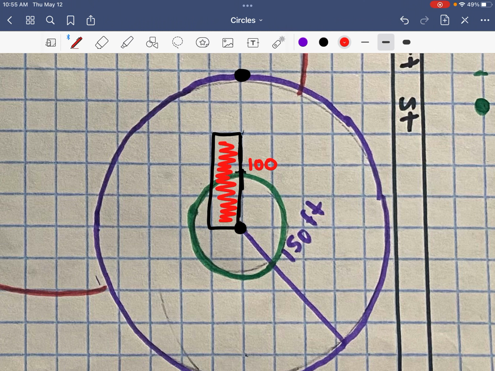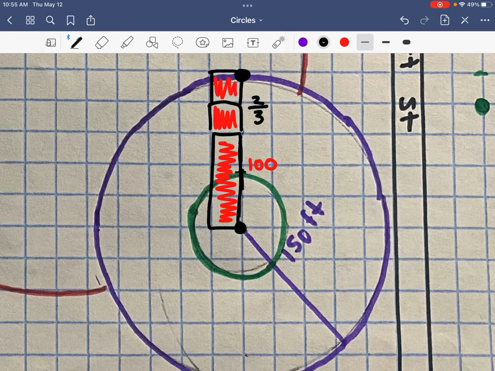The next thing I have is 1 square. And then about 2 squares, right? Oh, I didn't make it all the way. So again, this is about 2/3 because I didn't make it all the way. So I need to figure out what 2/3 is of 100.